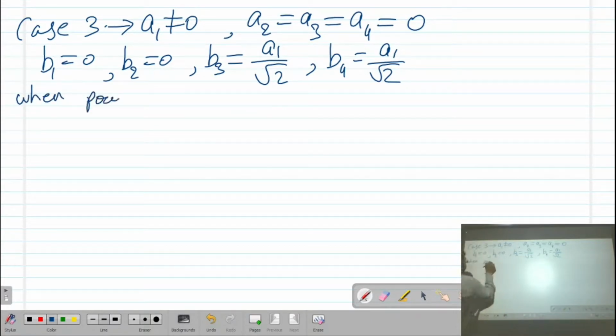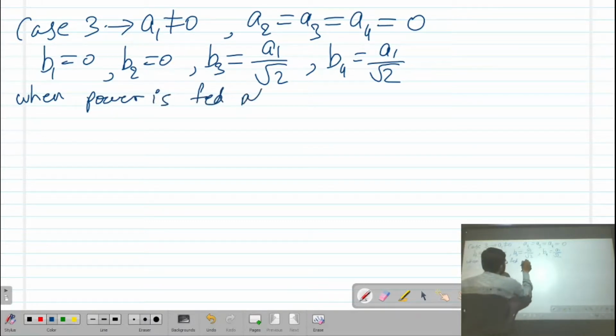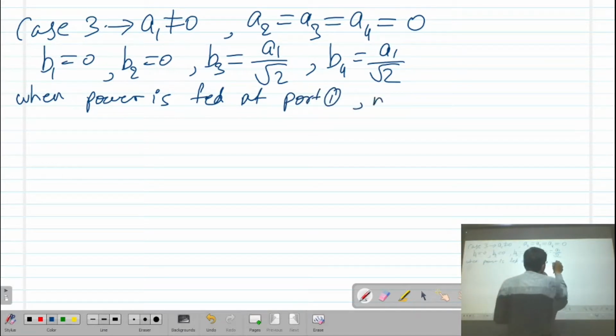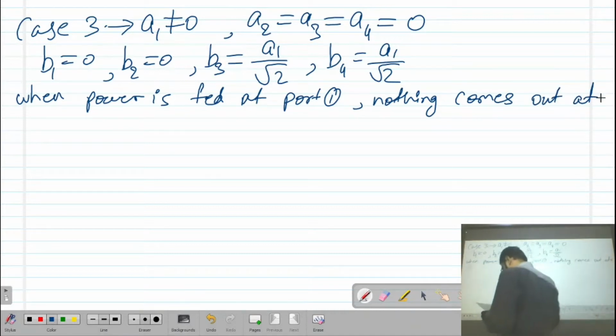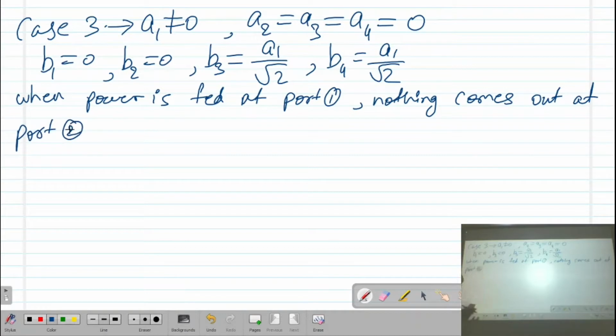When power is fed at port 1, nothing comes out at port 2, right?